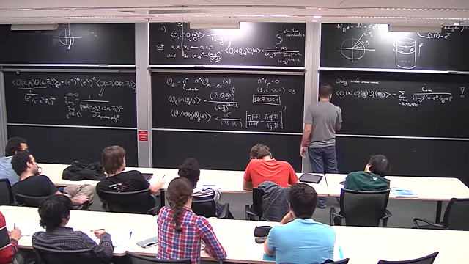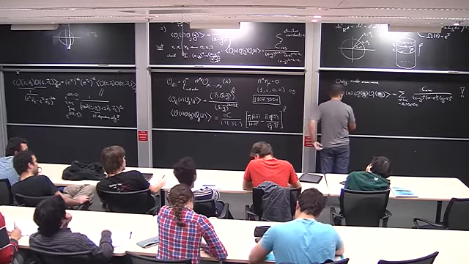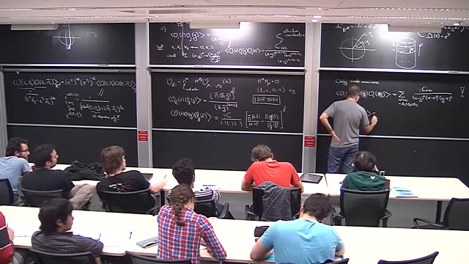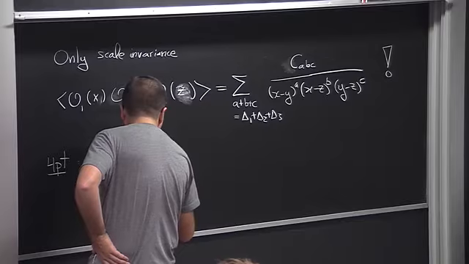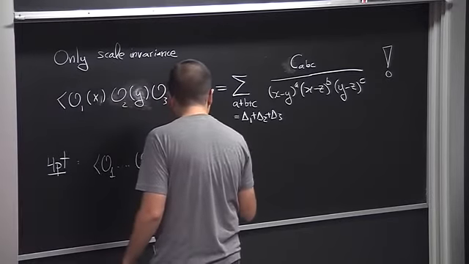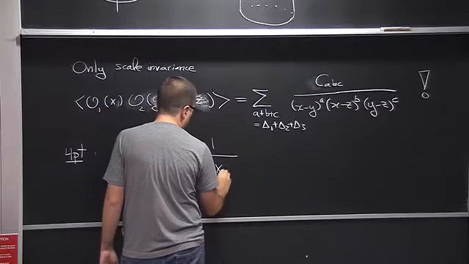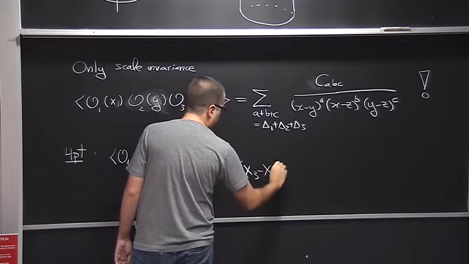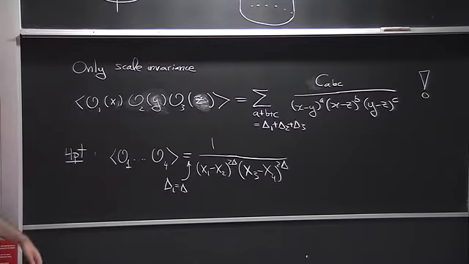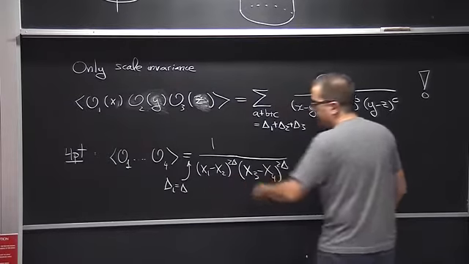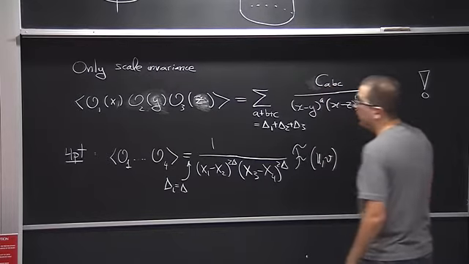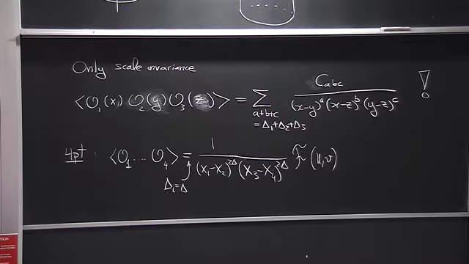What about when you go to 4 points? Well, for 4 points, let's take 4 operators, O1 up to O4, where all the dimensions are the same for simplicity. Then what you know is the following: you can take out some dependence on the positions, multiplying some explicit factor that you take out, and there can be an arbitrary function f of u and v, where u and v are so-called conformal cross ratios.